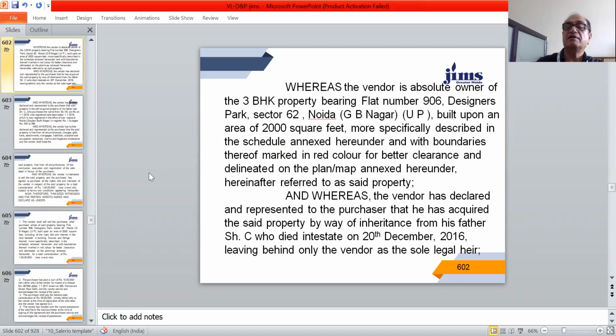Now, the history of the deed starts. History of the agreement starts. And it starts with the word whereas.